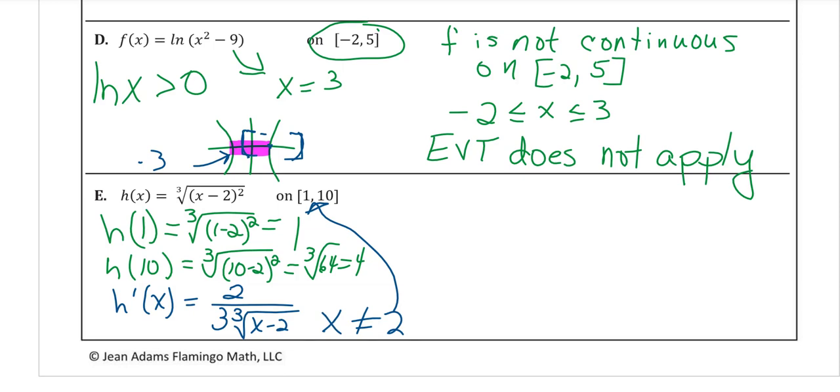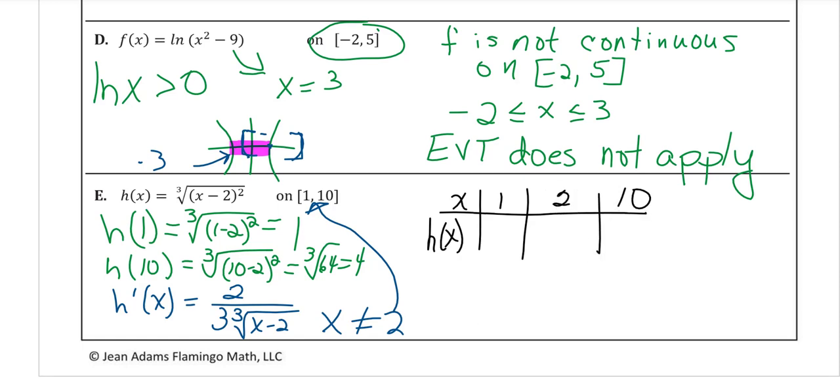So now we can make our candidates test table, and it's a small one. We just have our endpoints and our one critical number. And so at the endpoints, we already know we have 1 and 4. And if we substitute 2 in, 2 minus 2 is 0, so we get 0.